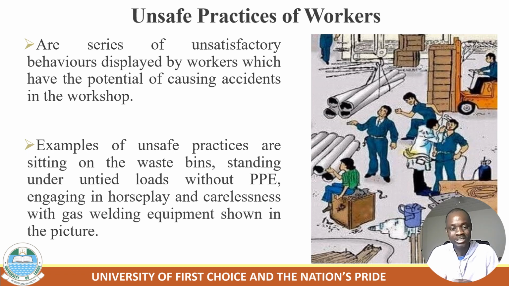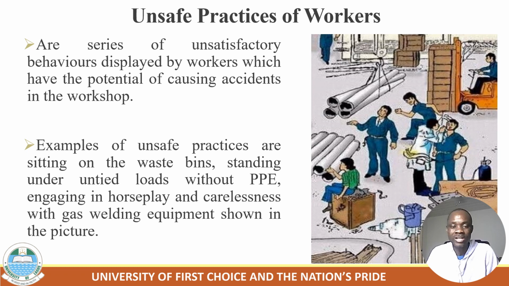You can see examples of unsafe practices with reference to the diagram here, which is typical of a workshop. An unsafe practice notable here is sitting on the dustbin. You can see this lady wearing green clothes sitting on the dustbin, which is an unsafe practice.